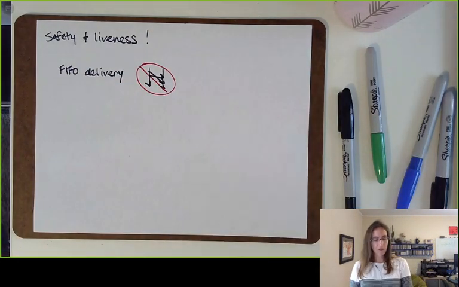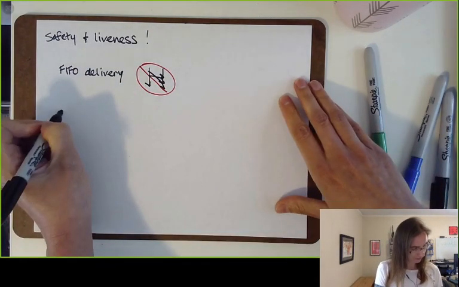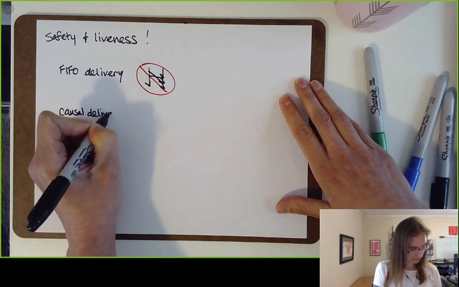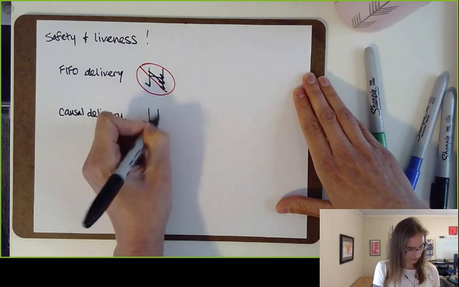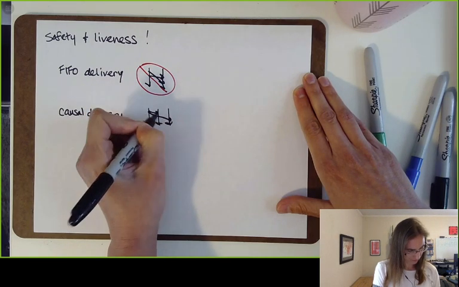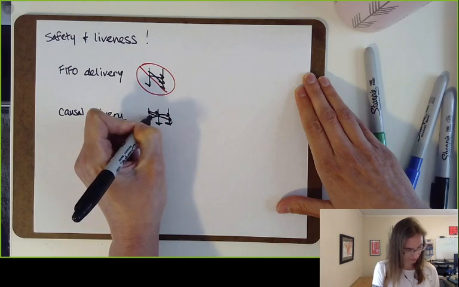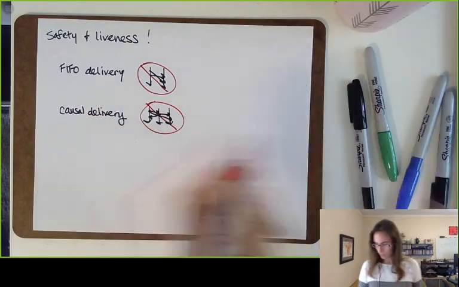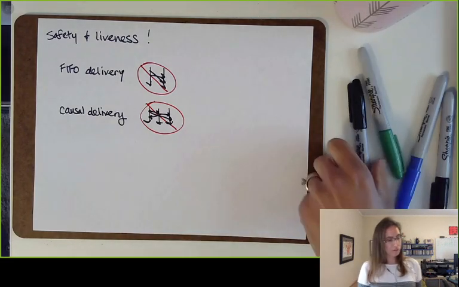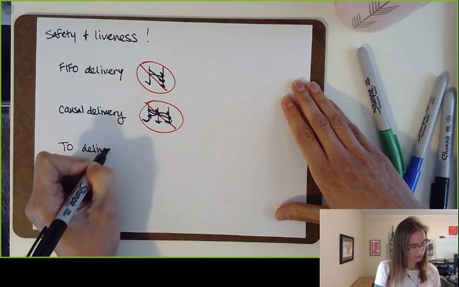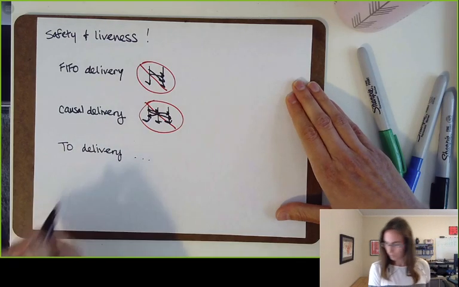And then we talked about causal delivery, which rules out things like this. And we talked about totally ordered delivery, and so on.